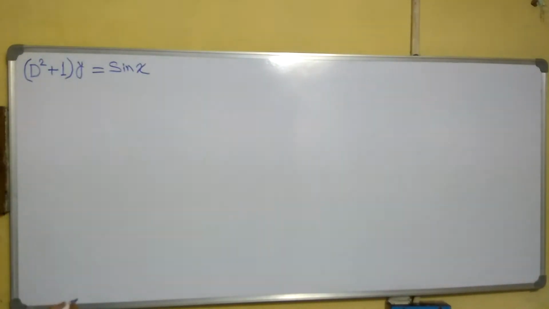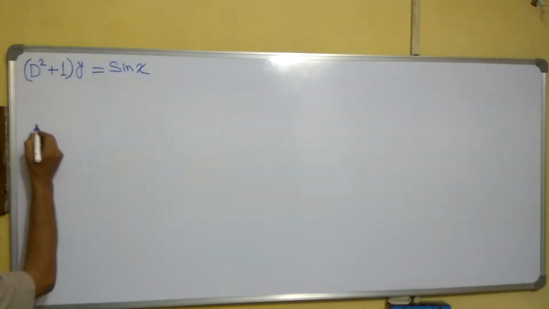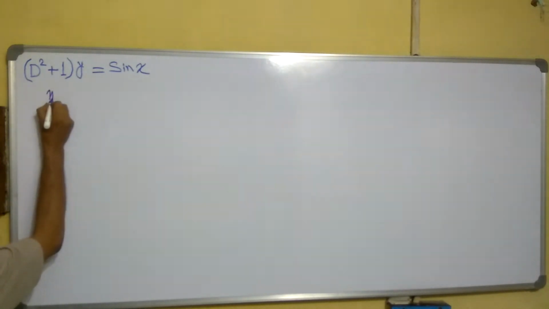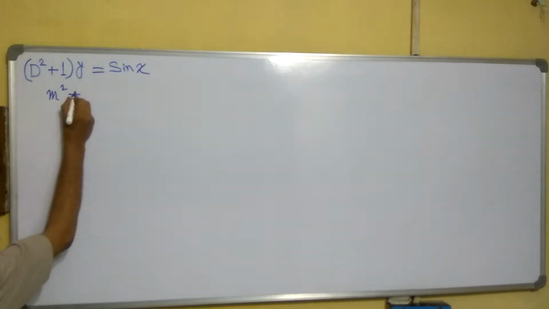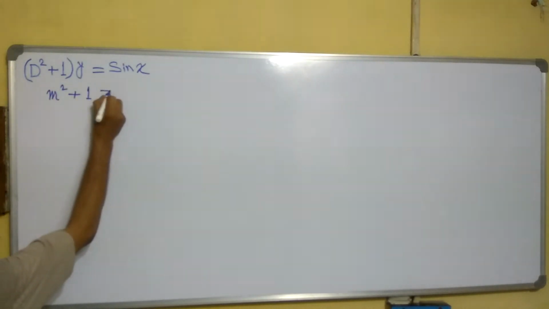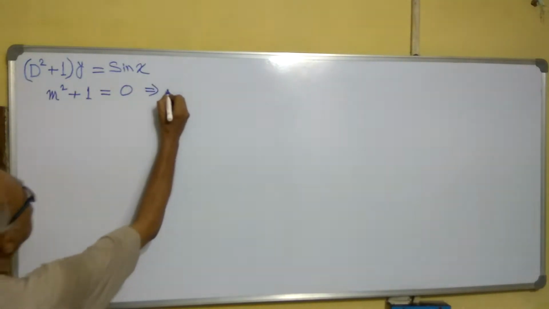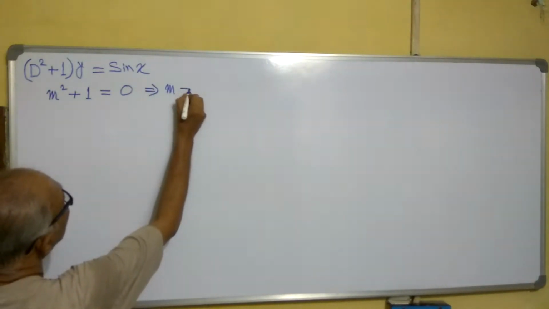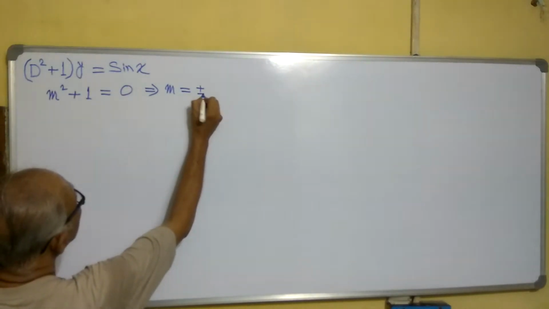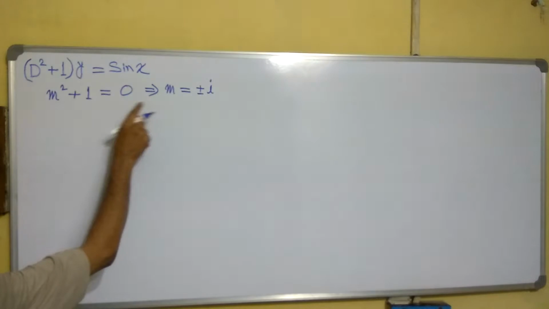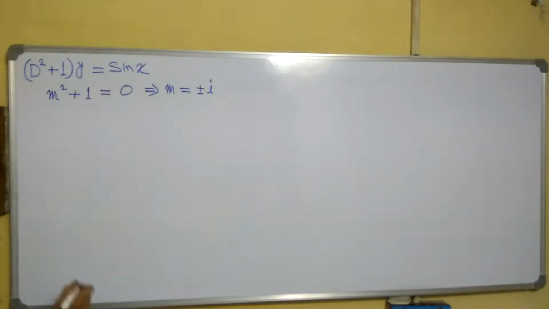Welcome. See this second order differential equation. Here the auxiliary equation is m square plus 1 equals 0. That is, m square equals minus 1, so m equals plus minus i.